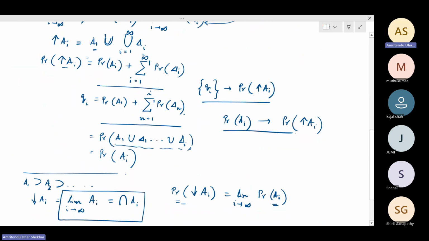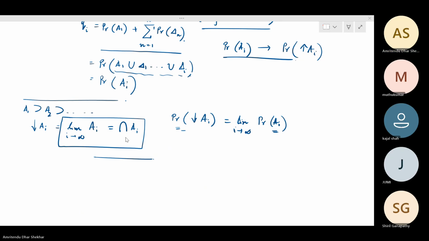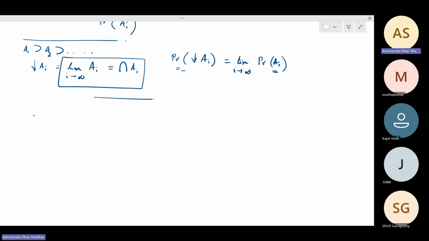Okay, now I hope this is clear. If this is clear, then I move to some other topics. One of the topics here is Bayes theorem.